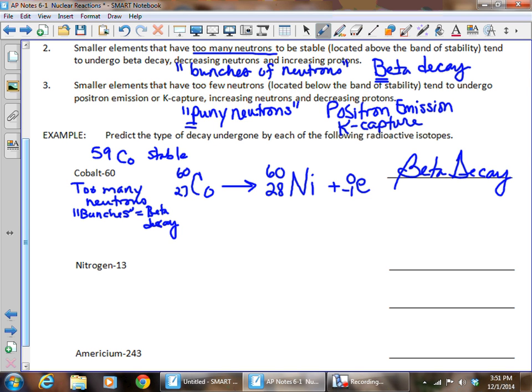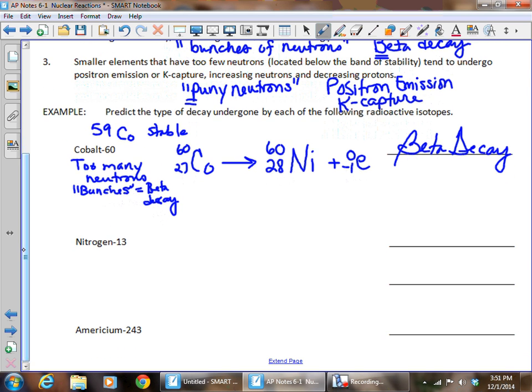The next one, nitrogen 13. It's a smaller element, meaning it's less than bismuth. So we need to look at what normal average nitrogen is. If you look up nitrogen on the periodic table, normal is about 14.01, so call it 14 nitrogen. But notice nitrogen 13, our target nuclide, is too small. Now, they both have 7 protons. We can't do anything about the protons.